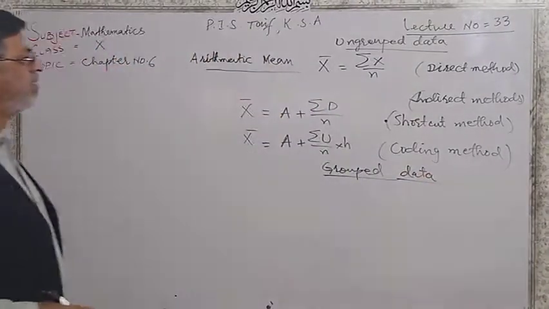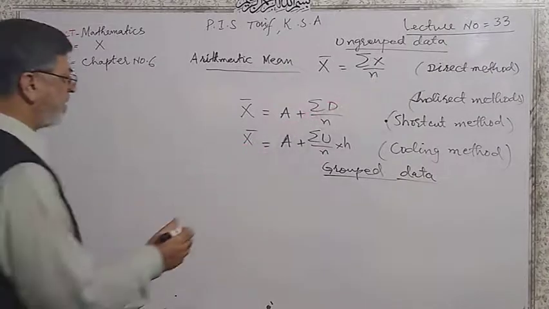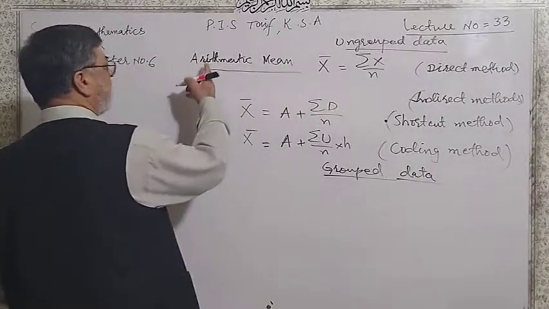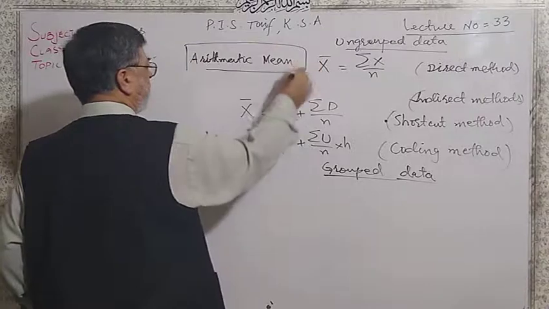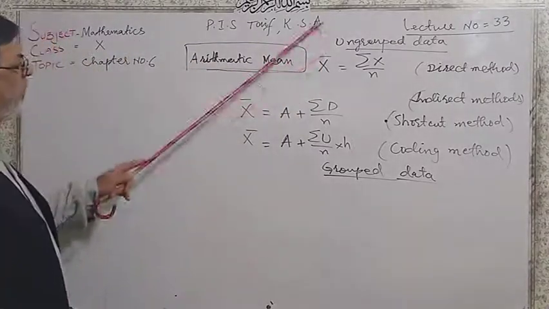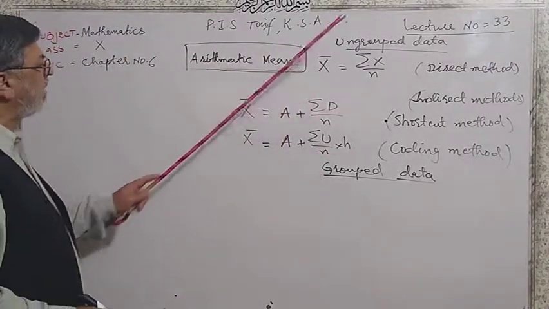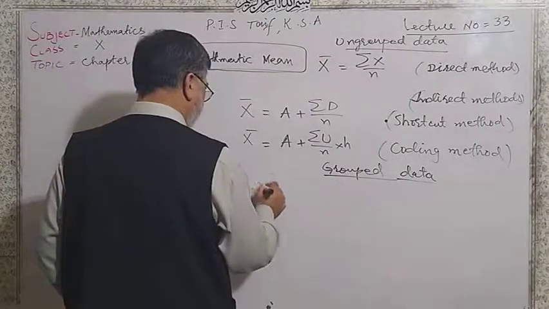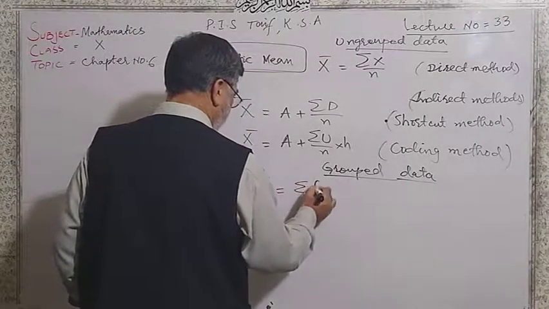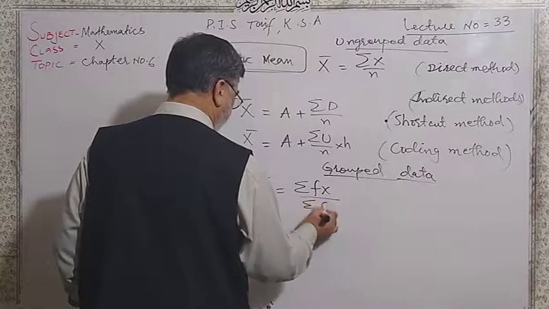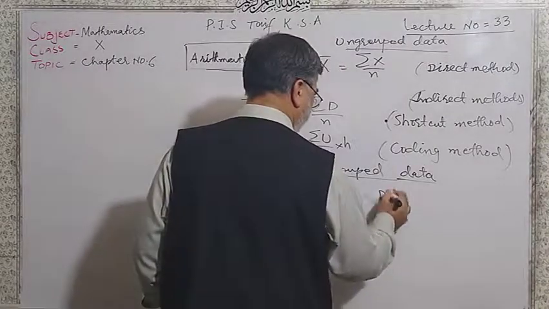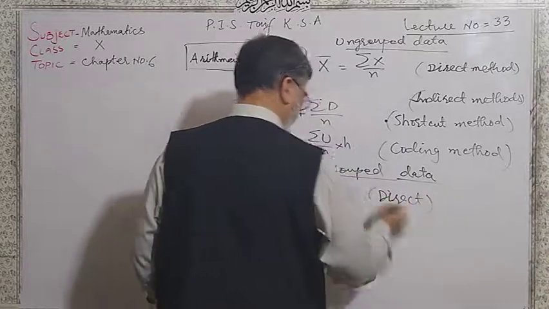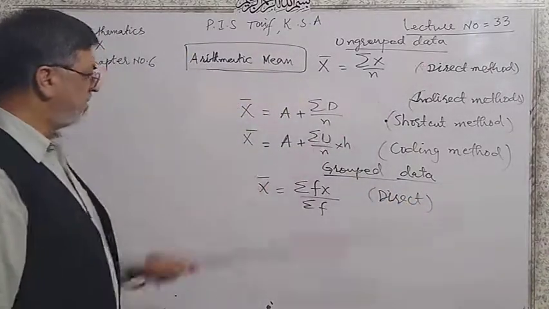Same name. First is direct method for the arithmetic mean. Remember that this is your arithmetic mean. We have three formulas for ungrouped data and three for grouped data. Number one is x bar is equal to sigma fx over sigma f. This is direct method.